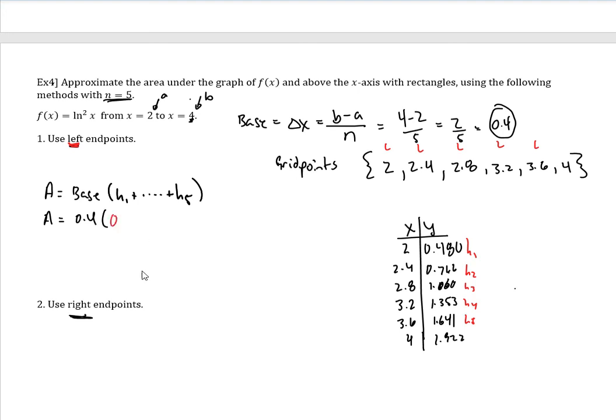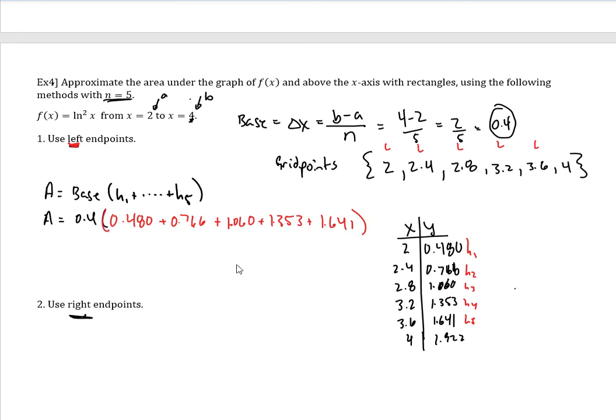So the 0.480 plus 0.766 plus 1.060 plus 1.353, and then that one more, 1.641.